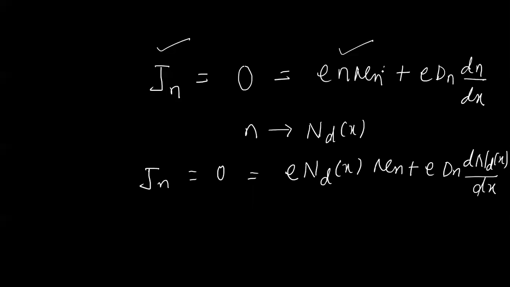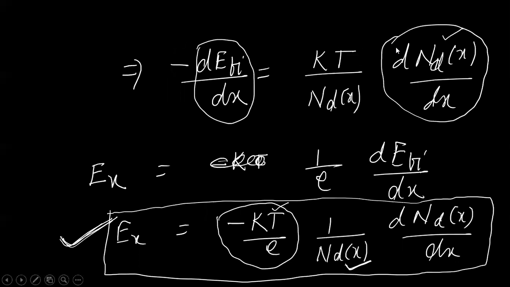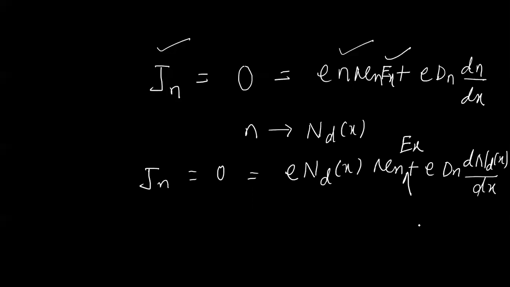Now substitute the value of E. Sorry, I missed one thing here, the applied electric field. Of course, there is an applied electric field E_x. Then you substitute the value of E_x that we determined, minus kT/e times 1/N_d(x) dN_d/dx, in this equation.